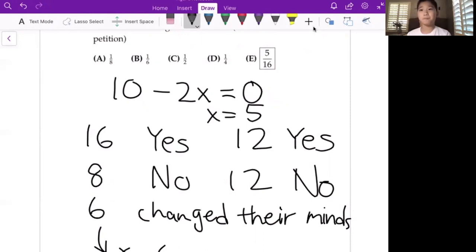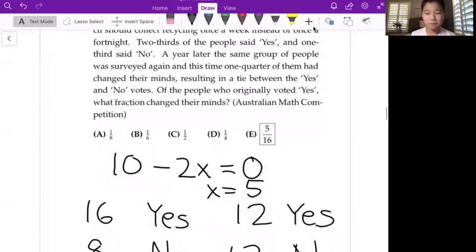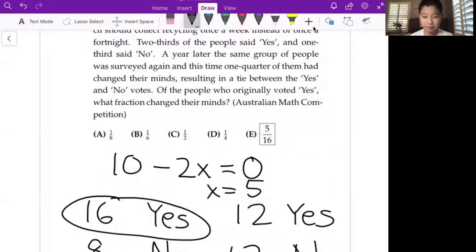So 5 people changed their minds from yes to no. Let's see what the question's asking for. Of the people who originally voted yes, so 16, what fraction changed their minds? So 5 of them changed from yes to no. So 5 over 16 is our answer.